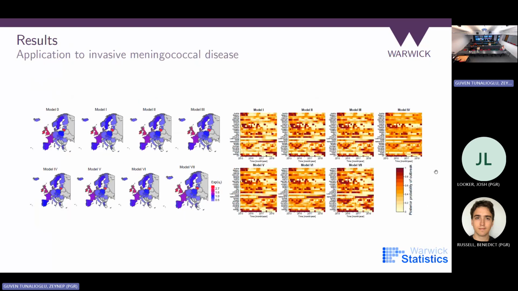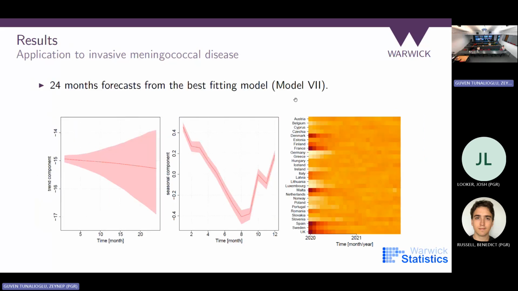So this is an application to meningitis across 28 European countries, which you can see on the left right here. This is a map of the posterior relative median risks, which is actually the exponential of this U_i, because that's the spatial contribution to that.